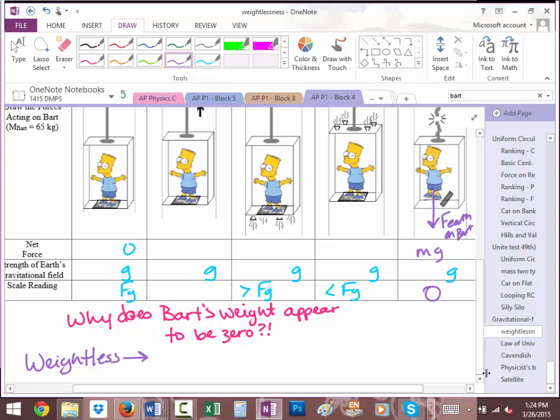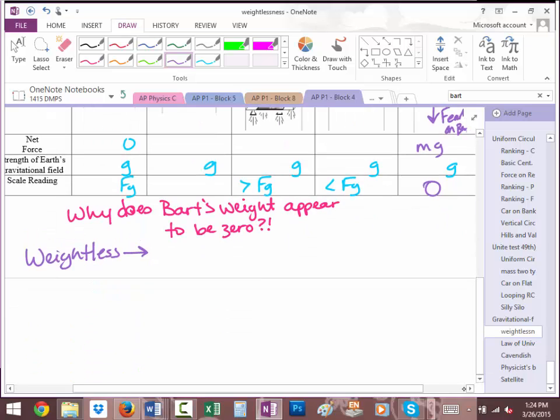So to be weightless does not mean that you don't have weight. It means what? That you measure. There are 2 pieces. What did you say, V? You're accelerating down at 9.8 meters. Yeah, so you're accelerating at 9.81.